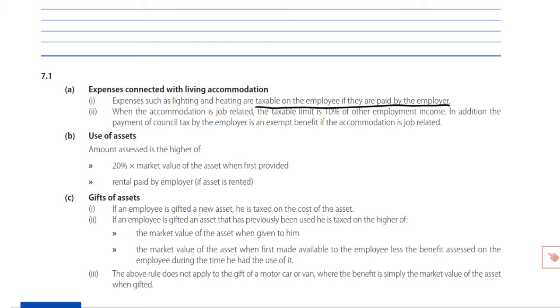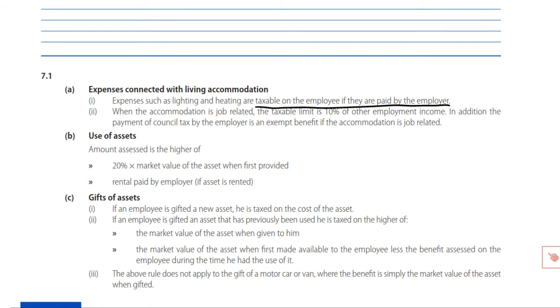Now you'll be told that the employer paid the electric bill, the gas bill there, the council tax. Those are costs that should be incurred by the individual in relation to the property that they live in. Therefore, if paid for by the employer, they are assessable benefits. Now again, be careful.